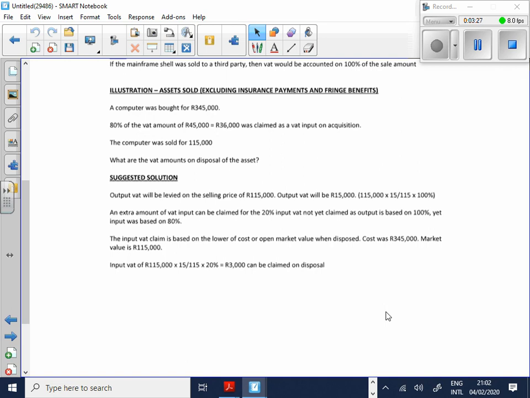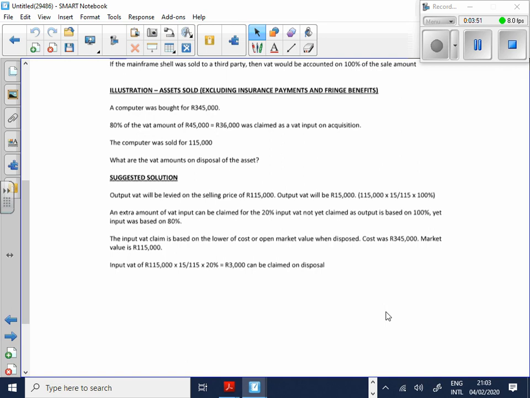So the next example says the computer was bought for 345, 80% of the VAT amount of 45 equals 36 was claimed as a VAT input on acquisition. The computer was sold for 115. What are the VAT amounts on the disposal of the asset? Now, guys, I told you for everything else, what is output VAT going to be levied at? 100%.